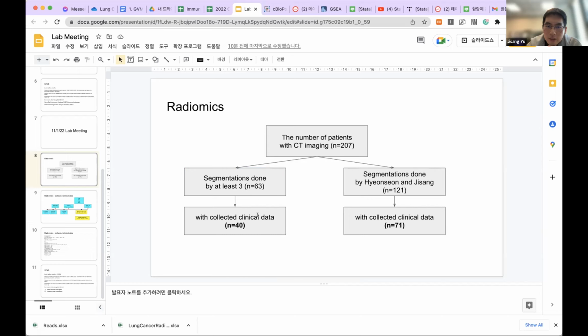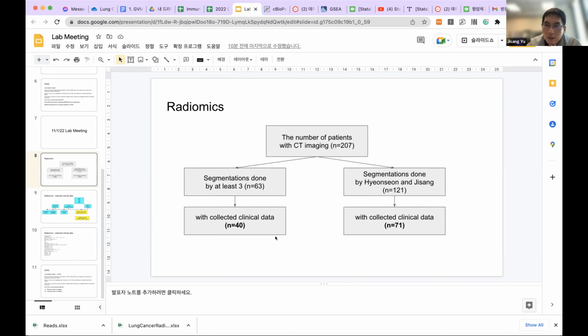And then I also sorted patients with already pre-collected clinical data, and the number of patients left is only 40.